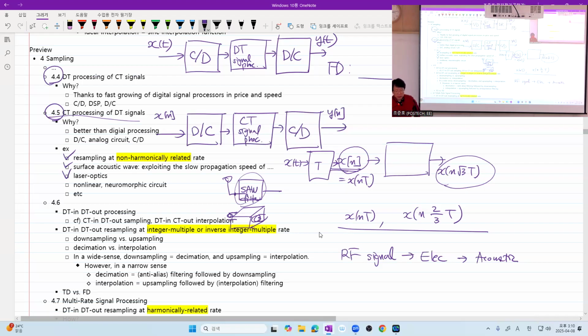And another one is just for interfacing the laser or optical signal with the electrical system. In the network switches of the internet, what happens? We use fiber optic cable, where not the radio wave but the laser-generated photons move forwards and backwards, right?